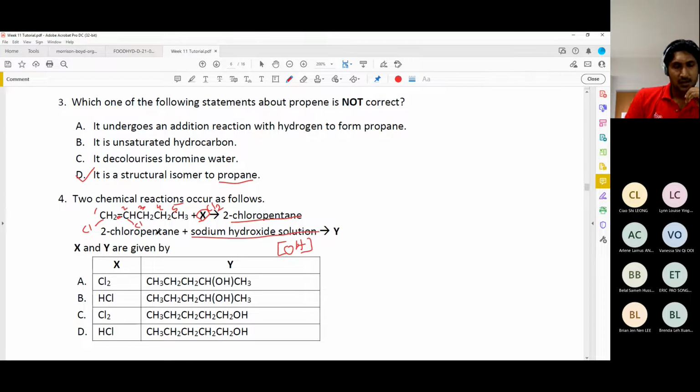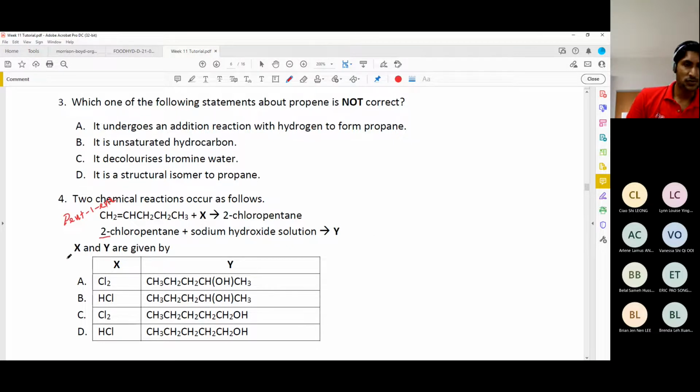Once again, sorry. Okay, let's start from here again. So this is pent-1-ene, and now it is 2-chloro.